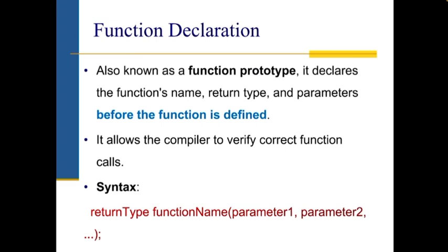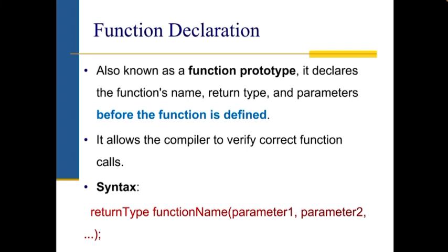The function declaration informs the compiler about the function existing and its characteristics. It allows the compiler to verify correct function calls.